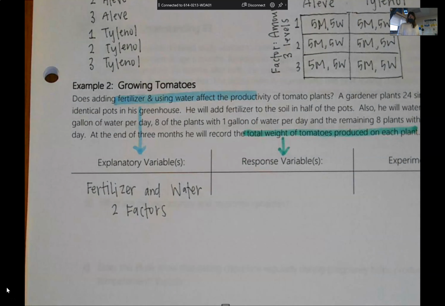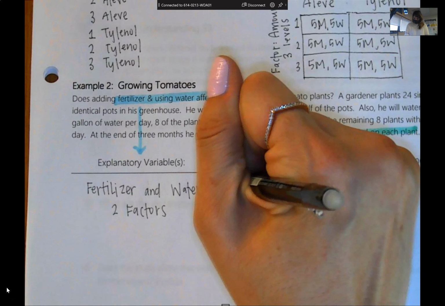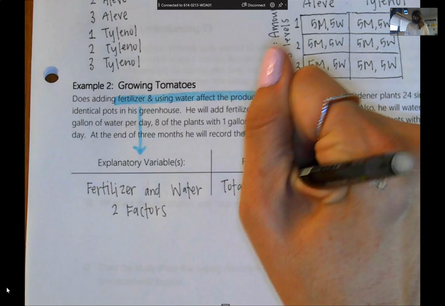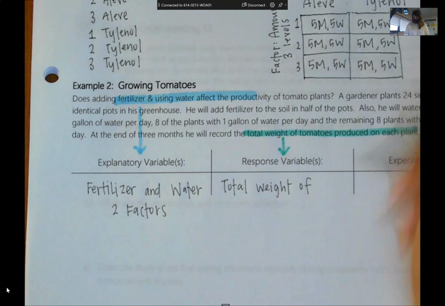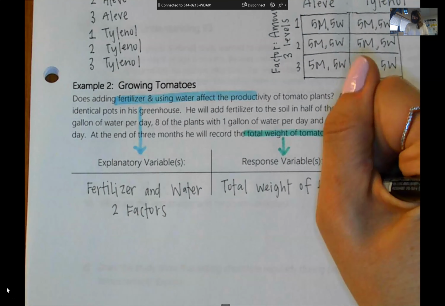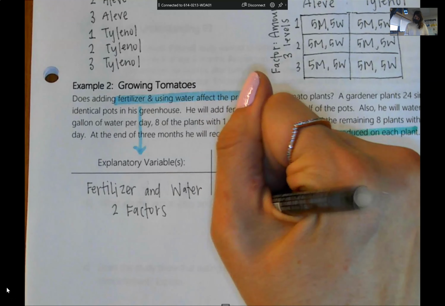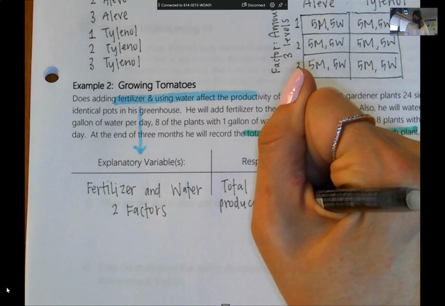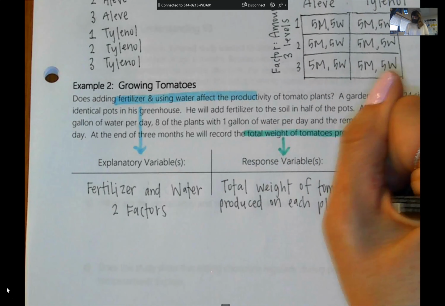So your response variable is total weight of tomatoes produced on each plant.